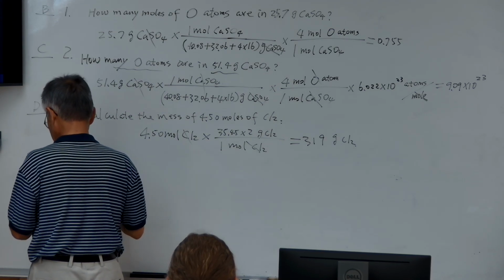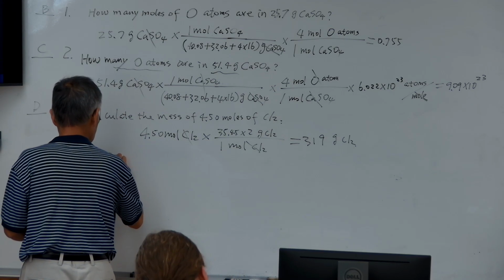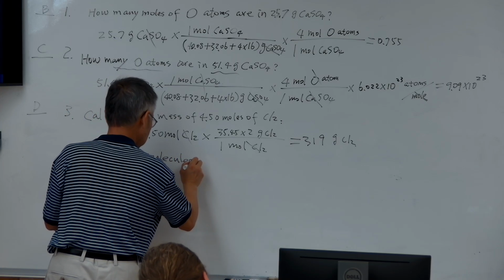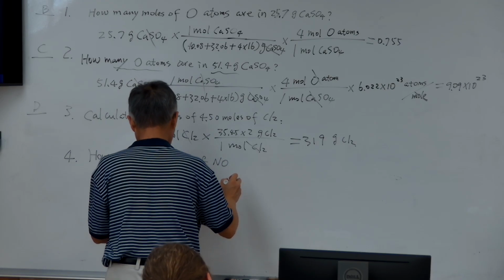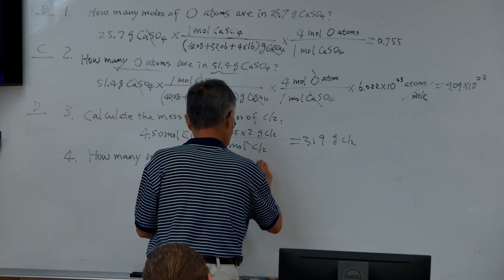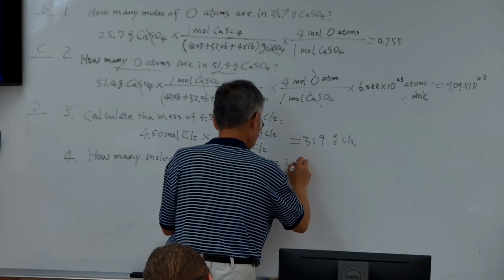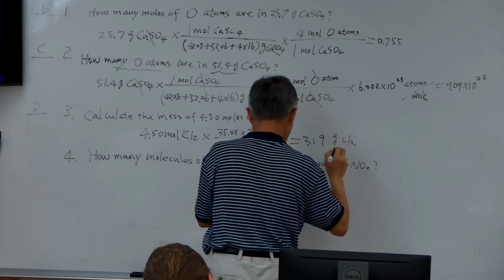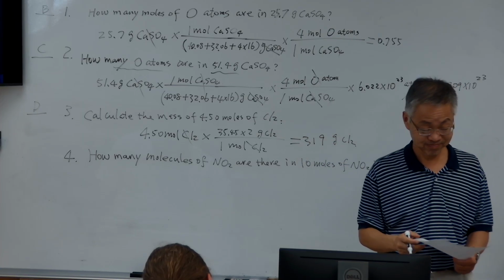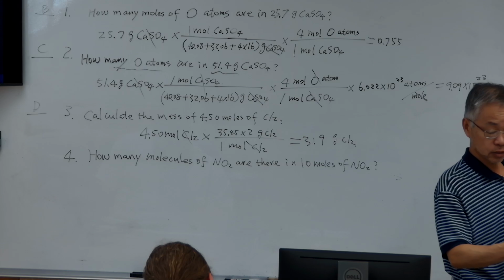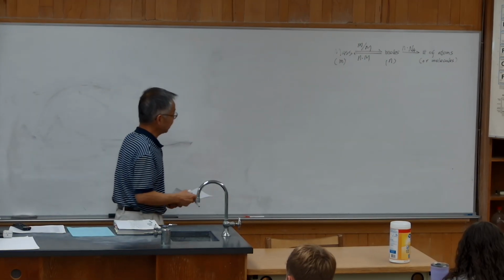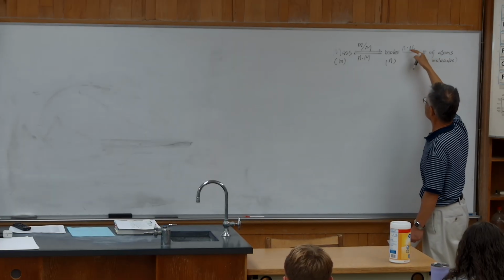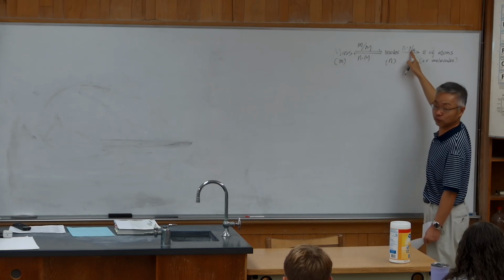Question 5 asks you, how many molecules of NO2 are there in 10 moles of NO2? It tells you moles and asks how many molecules, right? So moles multiplied by Avogadro number.